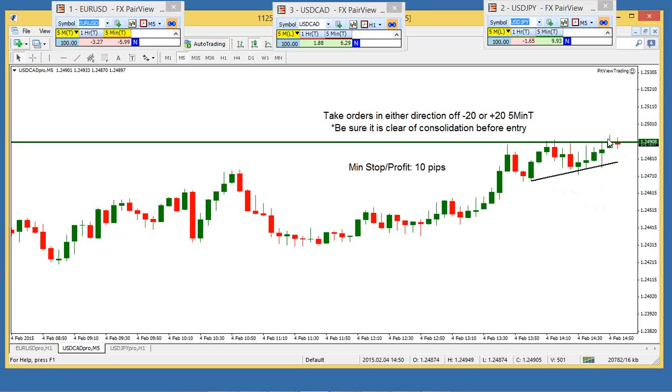I generally might take the greater of the two, as long as it's not a huge amount of pips. If I go down to a swing low, and let's say this low price right in here is 1.24762, and it's breaking through this high and I get in at like 1.24948 or something like this, if I get a buy, I'll go ahead and put my stop below this low and look for 1-to-1 risk reward.